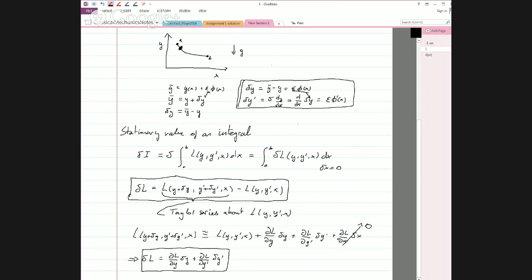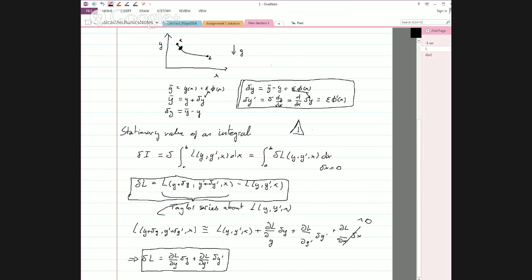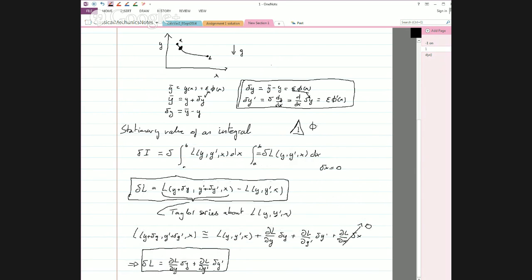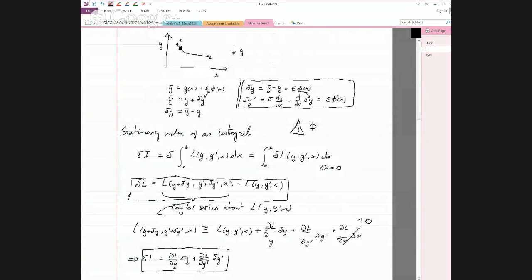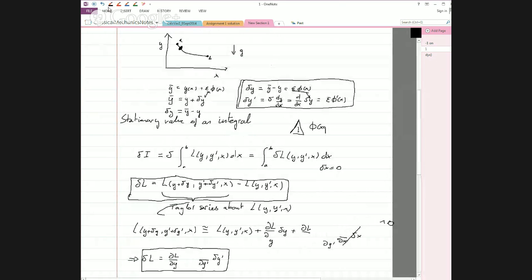And so it's important to note that phi evaluated at x equals x_a has got to be the same as phi evaluated when x is x_b.